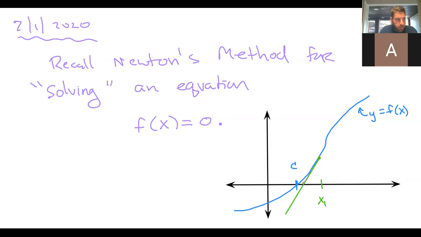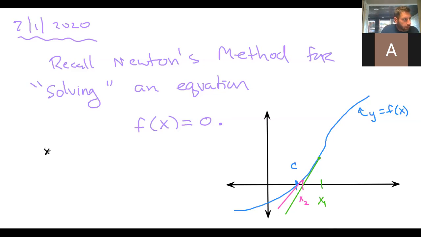We'll call this intersection point x2. Then if I play the same game here, I can find the tangent line here, and that tangent line will cross close to C. So by playing this game, you're generating a list of numbers, which we'll denote as a sequence.